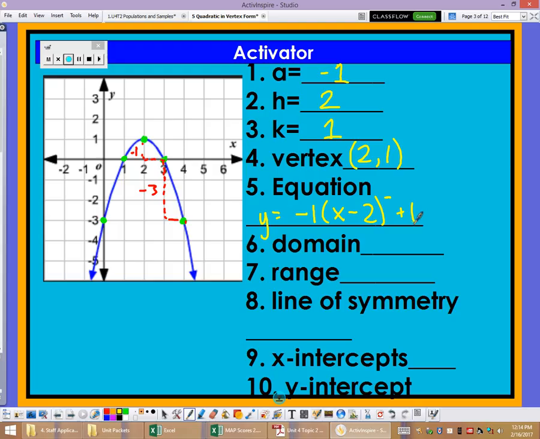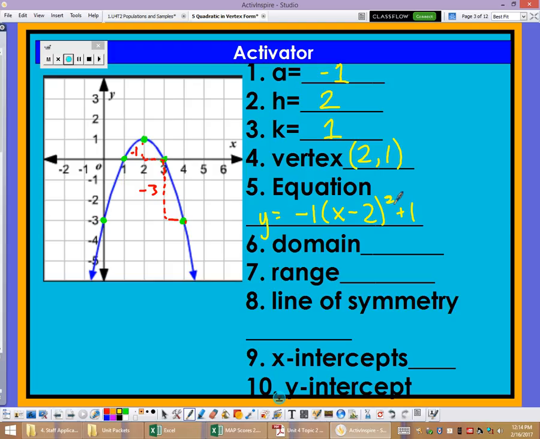Where am I having my squared? Yes. Another place people lose points is not having that squared. If you don't have this squared, it makes it a linear function, not a quadratic function. All right, yes. You do not have to have the 1 there. You could just have the negative sign. That's how you'll typically see it written.